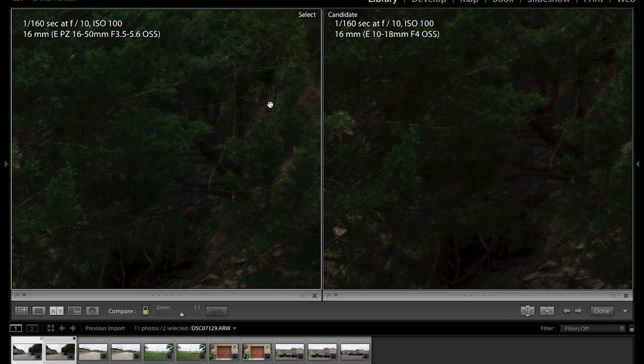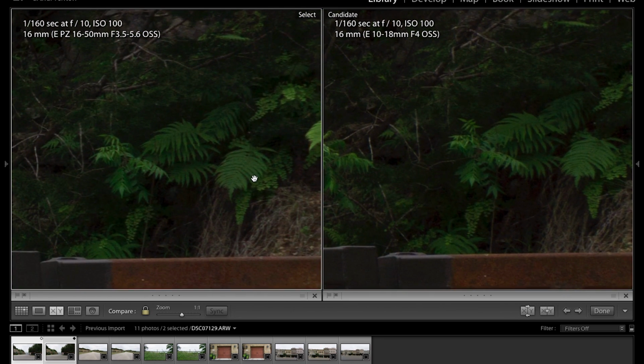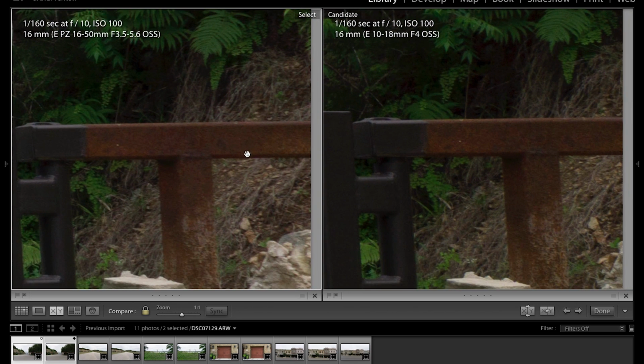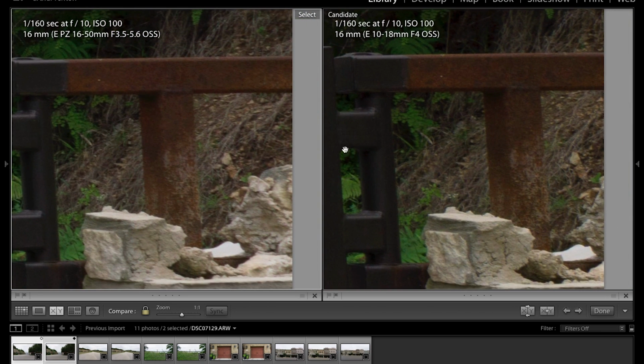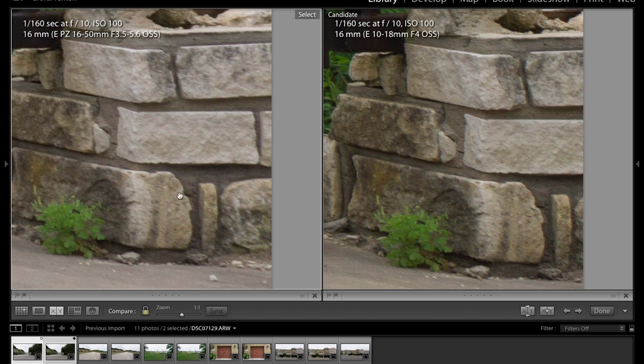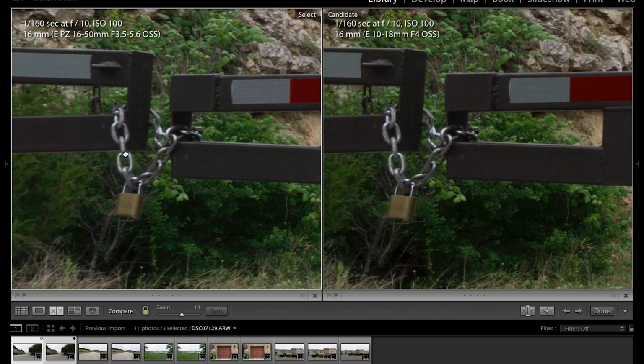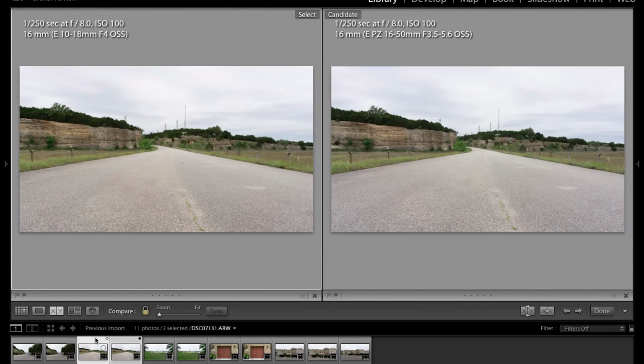Let's take a look at this side. It's about the same, very, very close. If I had to choose a winner between these two, it would be the 10-18, but it is a very, very slight improvement. Barely noticeable, even when zooming in.